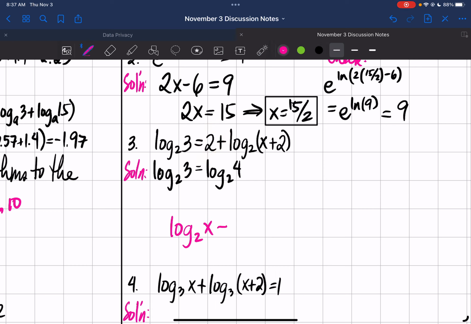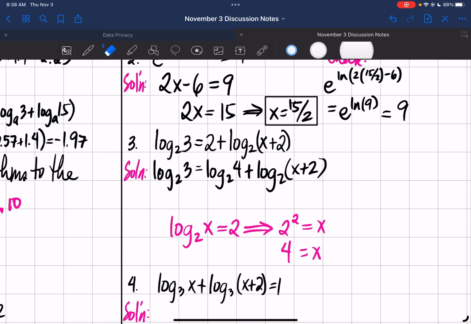So, we have log of x base 2 equals 2. And by converting this into its exponential form, we have 2 raised to 2 equals x. And so, 4 equals x. So, we have log of 4 base 2 plus log of x plus 2 base 2.